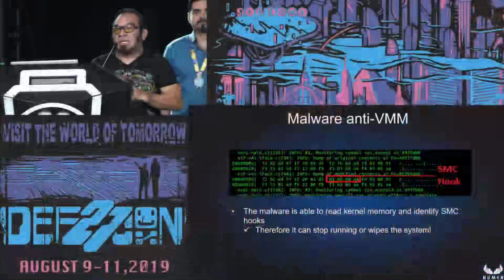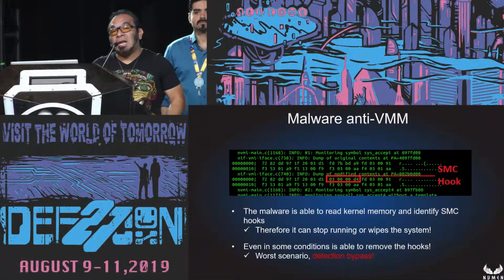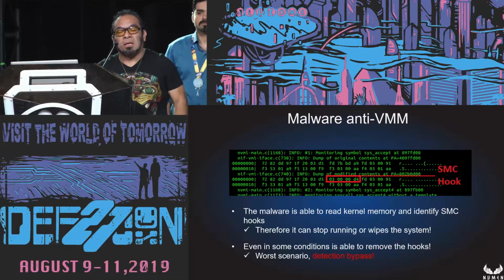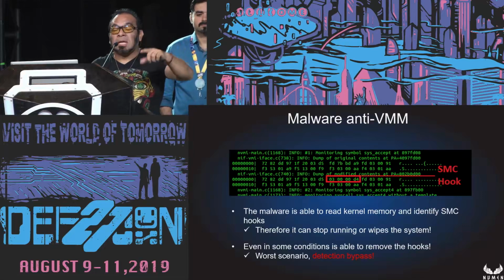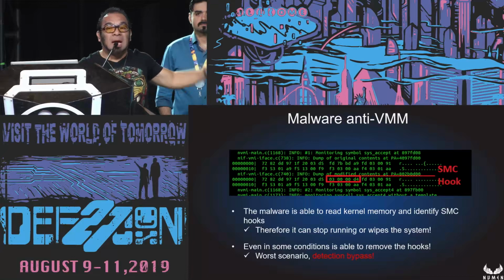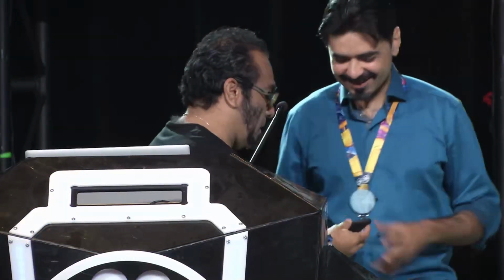At that moment, I can say, you know what, I have this SMC hook, I'm being monitored, so I'm not going to execute anything. I want to wipe the system, or even worse, if the memory page allows me, I can override that SMC hook and put it back in the original state, and then totally bypass the hooks in the system. Then this whole technique shown by Ali is totally screwed, because it's pretty easy to identify. I don't know how Ali came up with this technique, but anyway.